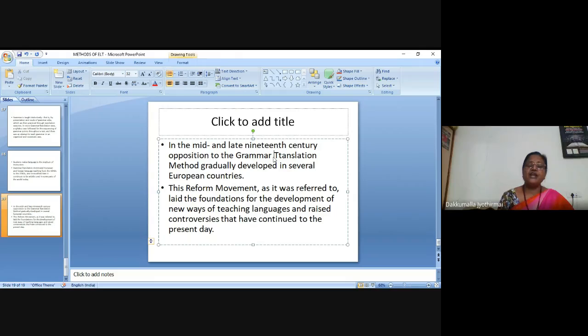But to be frank, as I explained in the second lecture, there is no good method or bad method. Every method will have its own merits or demerits.